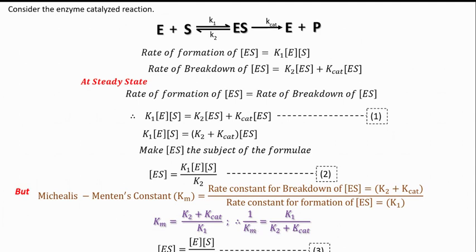Therefore, in our equation 3, we have that E times S all over Km will give you our ES complex.